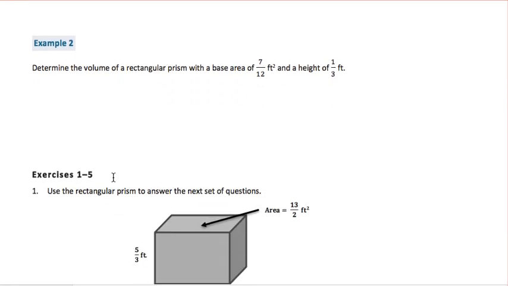Next, we need to determine the volume of a rectangular prism with a base area of 7/12 square feet and a height of 1/3 feet.